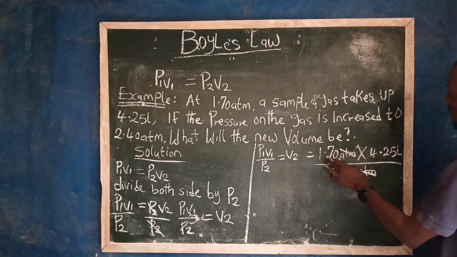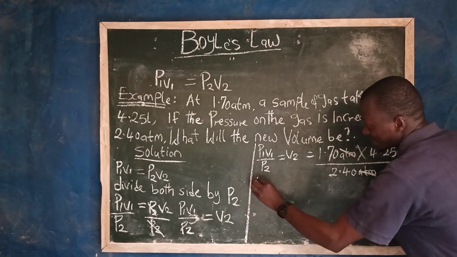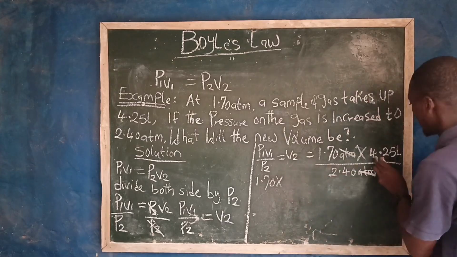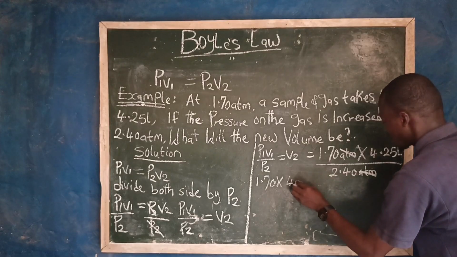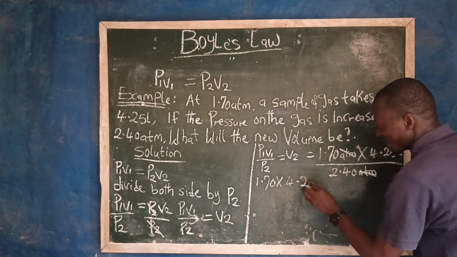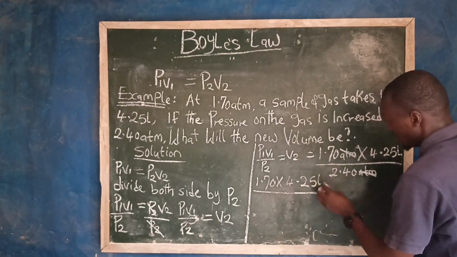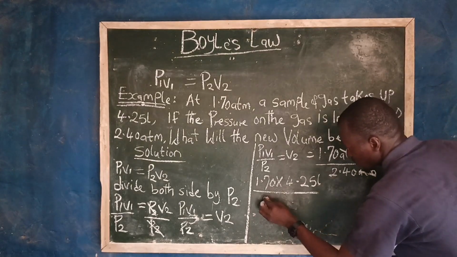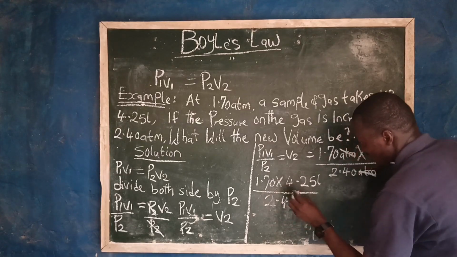We are going to say that 1.70 times 4.25 liter all over 2.40.